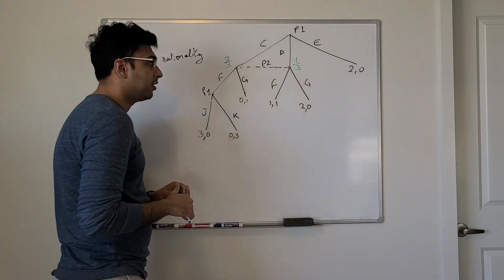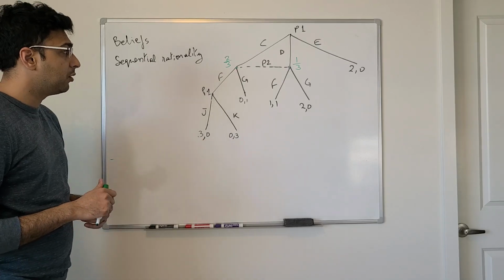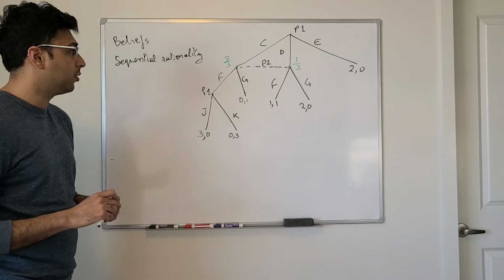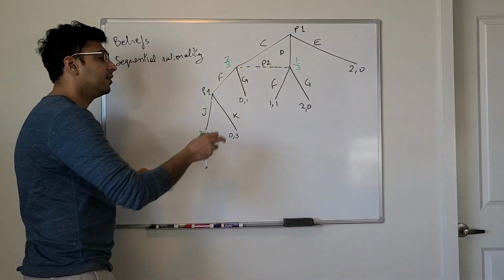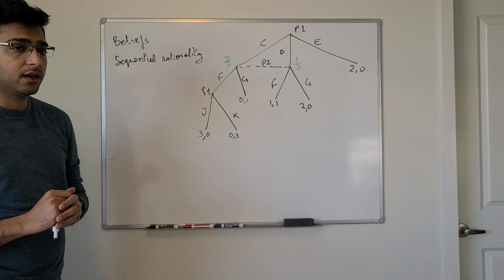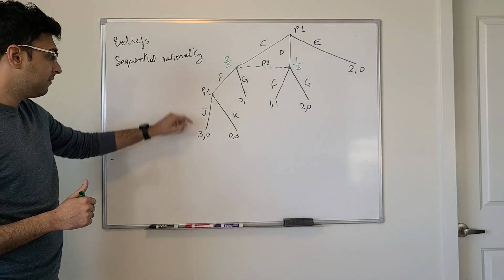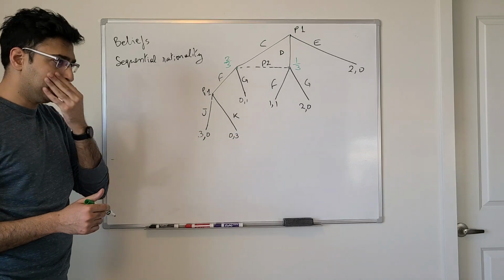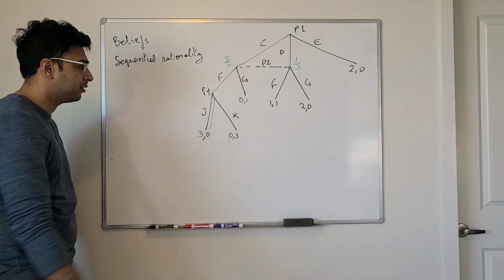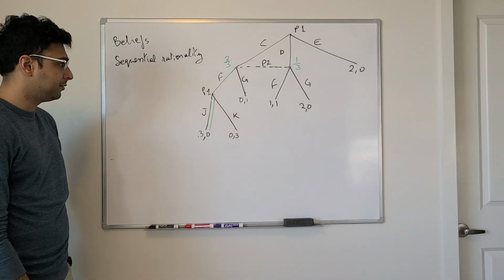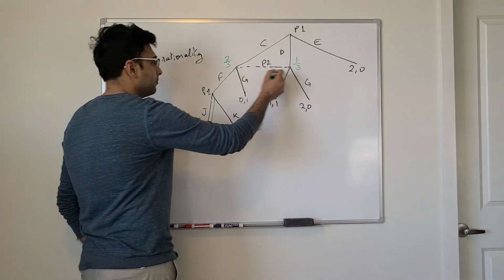So let's say as player 2, I think there's a 2/3 chance that player 1 has played C and a 1/3 chance that player 1 has played D if I enter this information set. If player 1 is here, faced with these two options where there's really no uncertainty, player 1 would just choose J, earn 3, and player 2 would earn 0. Right? Now given that, let's say player 2 is here, okay?